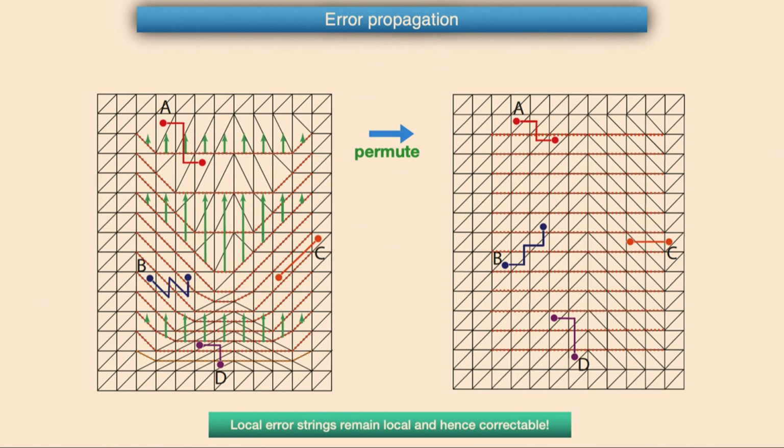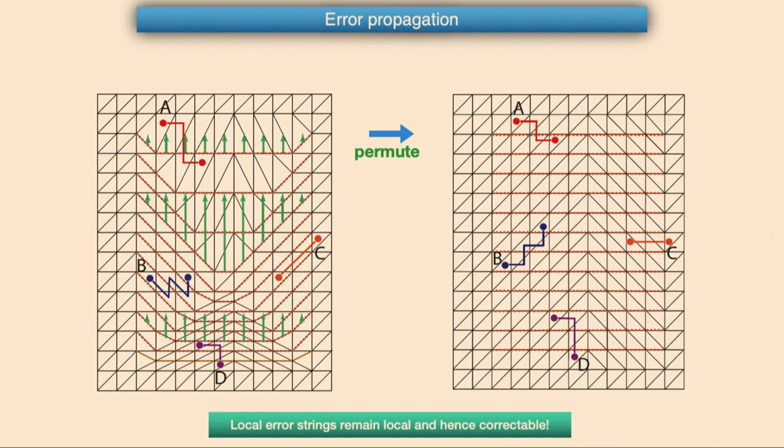To illustrate what's happening, the map we have is locality preserving, in the sense that it doesn't map to a disjoint operator, and it only changes the support of the error string by a constant factor.